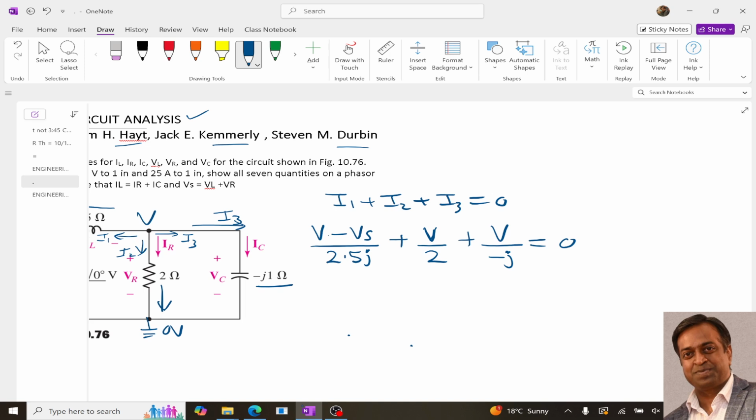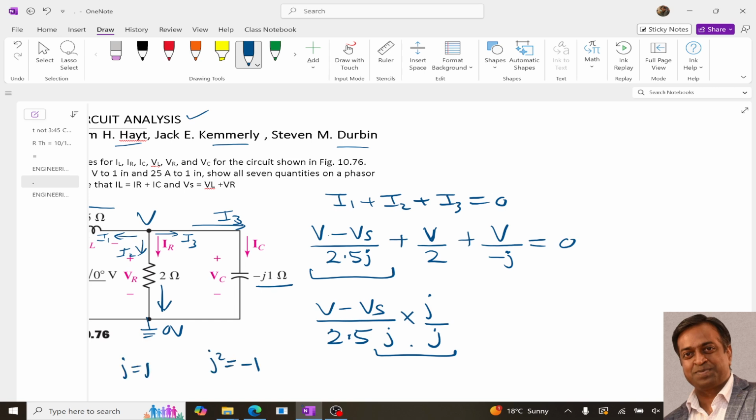For the first expression, V upon 2.5j, we can multiply and divide by j. This j square, we know, is equal to minus 1, because j is root minus 1.